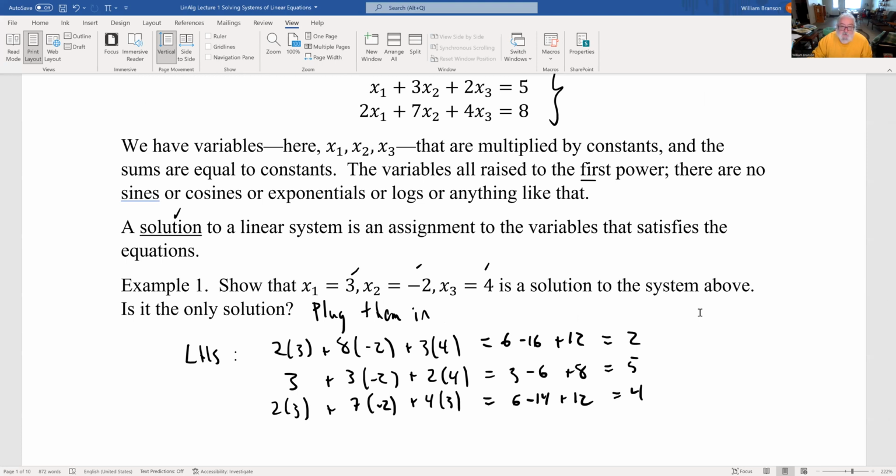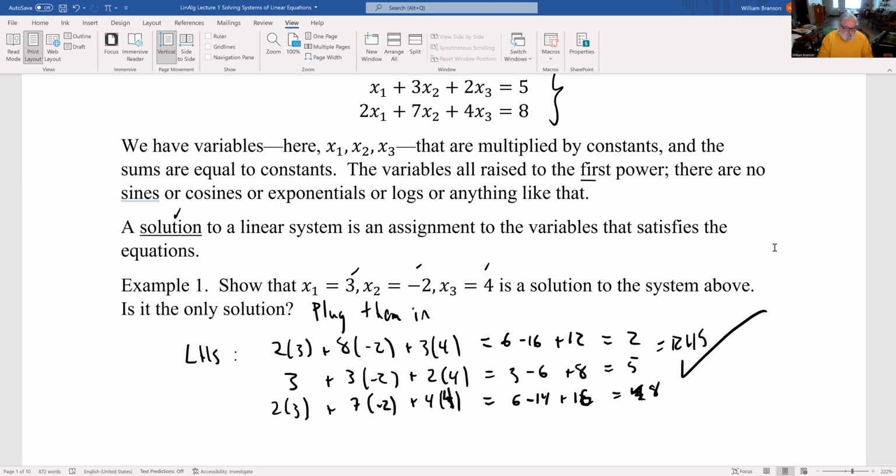Wait a minute. Well, I made a mistake right out of the gate. This should be a 4 here, which means that would be a 16. And then I have 22 minus 14, which is in fact 8. Because this is my right-hand side now, if you don't make any mistakes. So this is a solution.